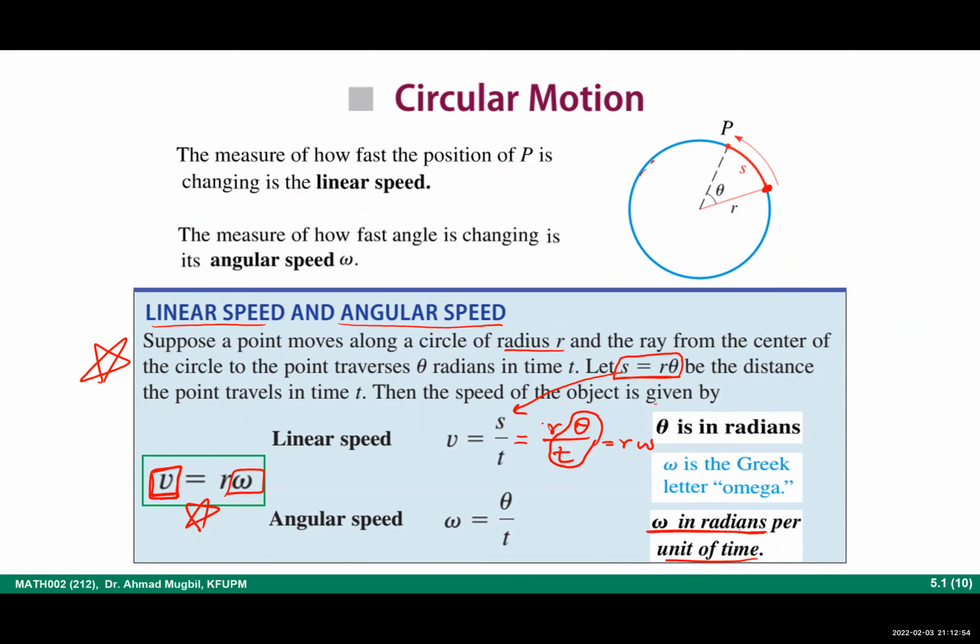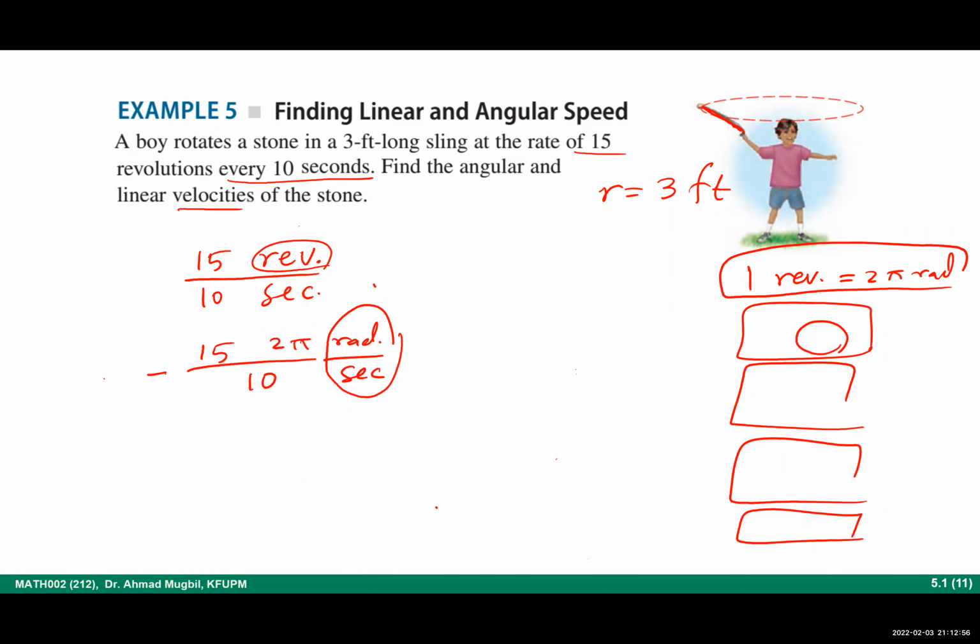It is the angular speed. So this is omega. When you convert the revolutions to radians, then you will get omega. But this is not omega, by the way. If you write that this is omega, this is wrong. After writing the revolutions in radians, it is omega.